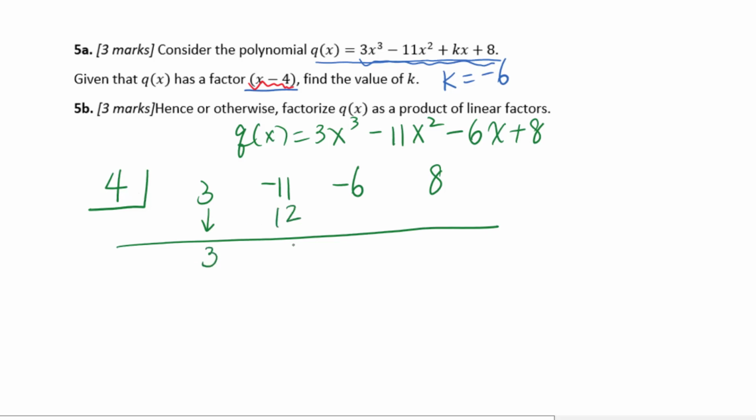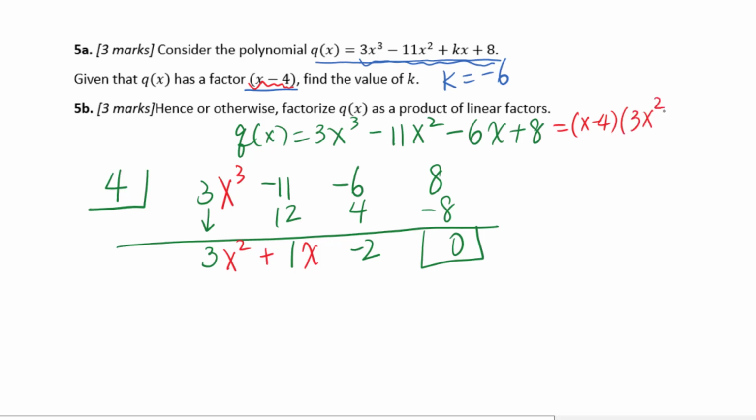Multiply, 12, 1. 1 times 4 is 4, negative 2. Negative 2 times 4 is negative 8. 0. So here, x squared plus 1x minus 2. So we get the factor x minus 4 and 3x squared plus x minus 2.